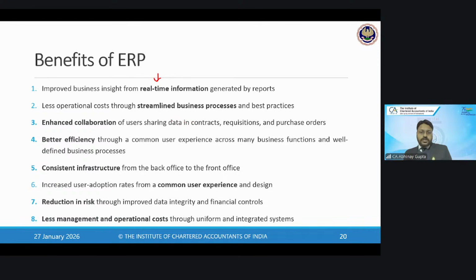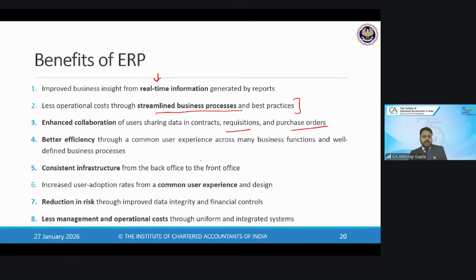Less operational cost, because the business processes are very much streamlined. Otherwise it would take quite some time on the part of the people who would be running the show manually if the ERP was not in place. Because of the ERP, the processes are streamlined, so the unwanted cost or number of people who would otherwise be required to handle these processes is reduced, right? Enhanced collaboration of users sharing data in contracts, requisitions, and purchase orders.